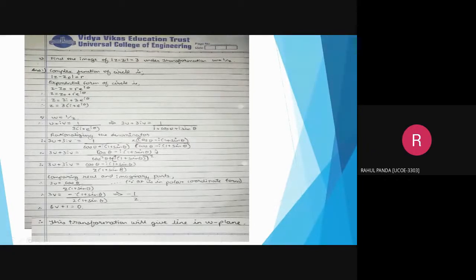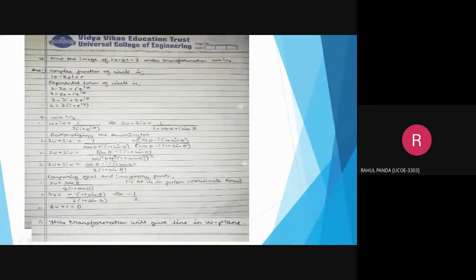Therefore, 3u plus 3iv is equal to cos theta minus i bracket 1 plus sin theta divided by cos square theta plus bracket minus i into 1 plus sin theta the whole square. Therefore, 3u plus 3iv is equal to cos theta minus i bracket 1 plus sin theta divided by 2 bracket 1 plus sin theta.